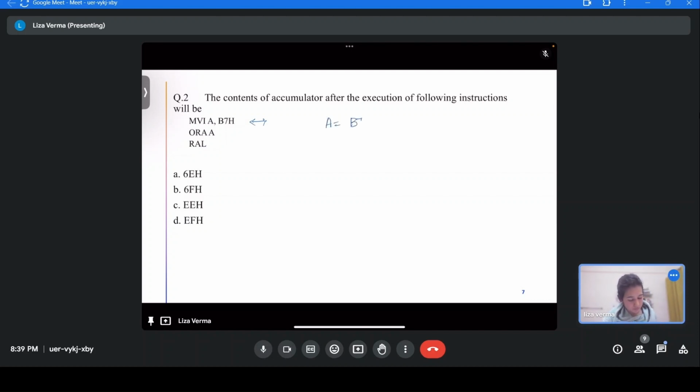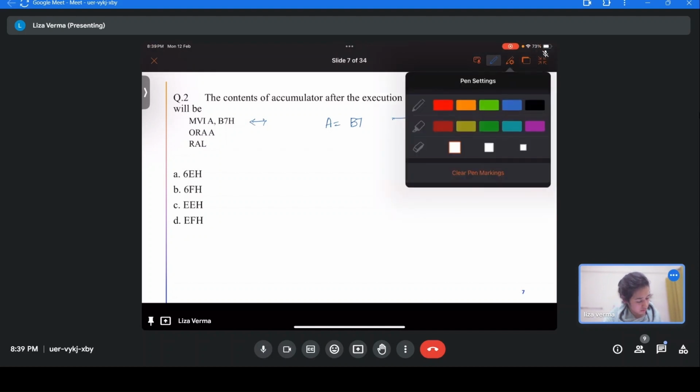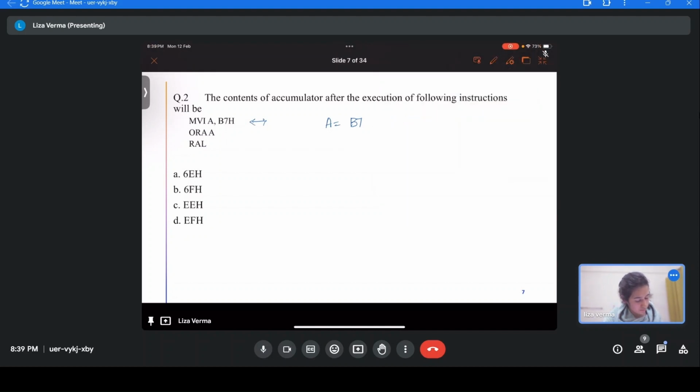B7 in binary is B is 11, which is 1 0 1 1, and 7 is 0 1 1 1.